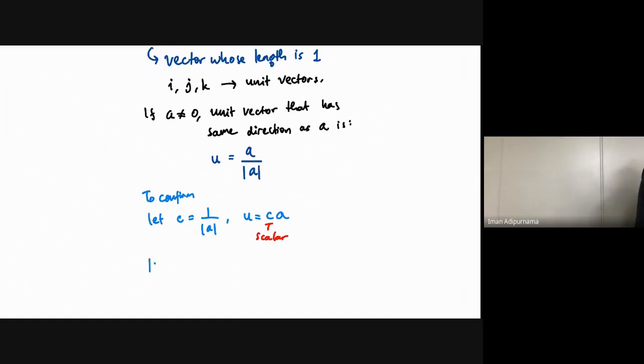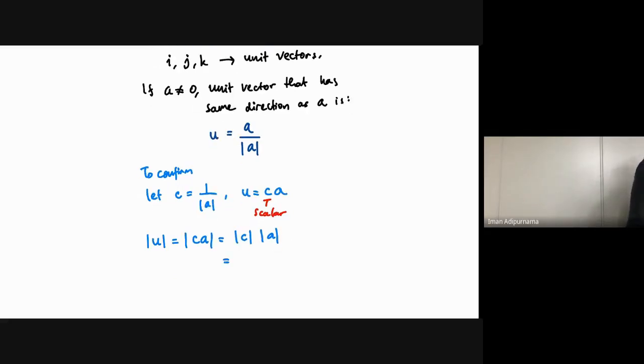So the magnitude of U is the magnitude of CA, or we can break it down as the magnitude of C times the magnitude of A. And we can look at C as 1 over the magnitude of A, which is equal to 1 at the end. So we confirm that the unit vector has length 1.